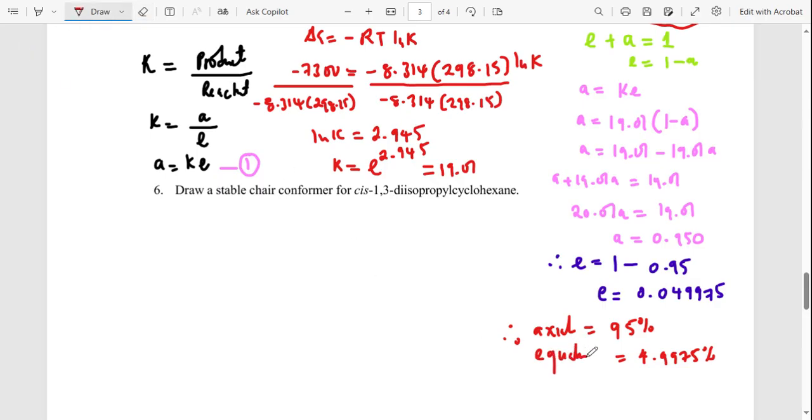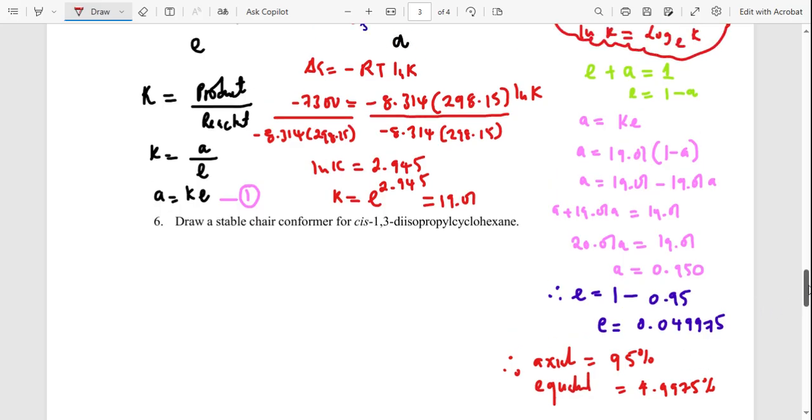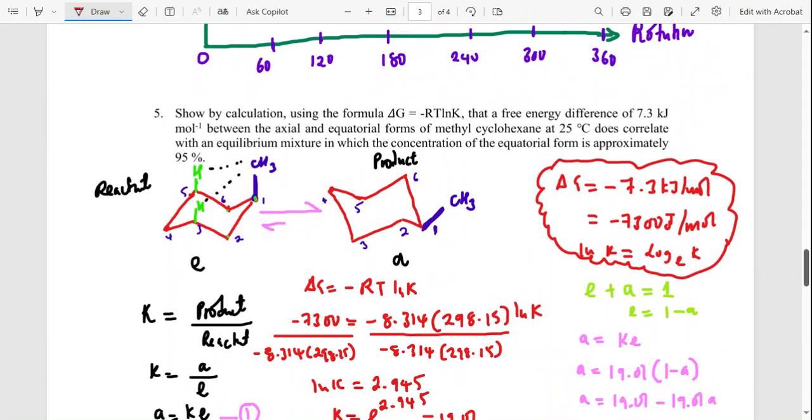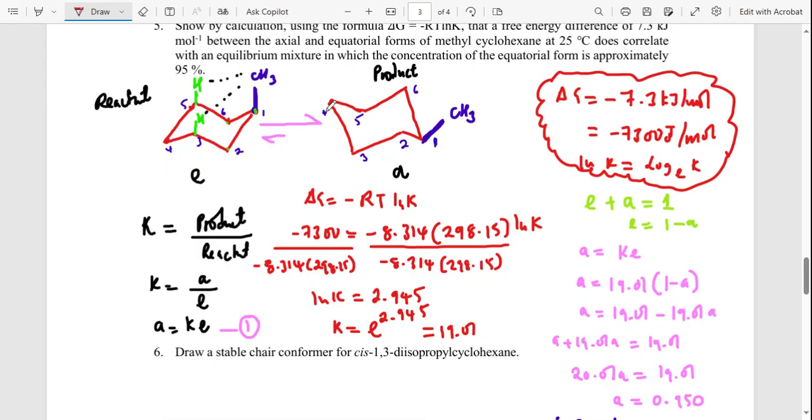This will still be equatorial. And I already said that the stable one is actually the axial. Please take note of the equatorial. The one that I said A, I'm going to say A is representing equatorial, but it's not supposed to be like this. E is supposed to be representing equatorial, and then I'll say A is representing the axial, because I just made a mistake on the letters. I hope you get it.